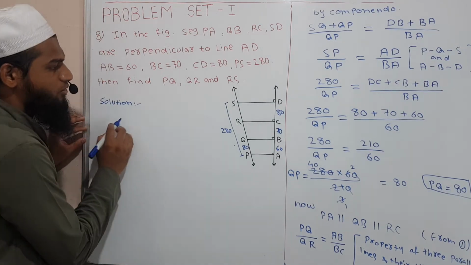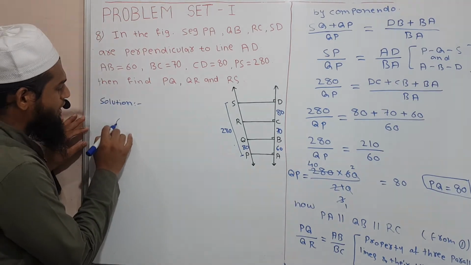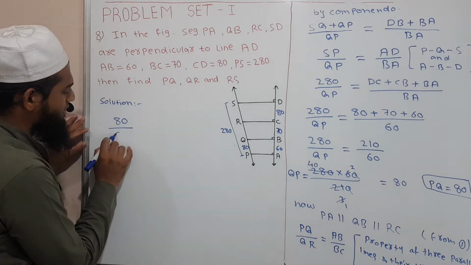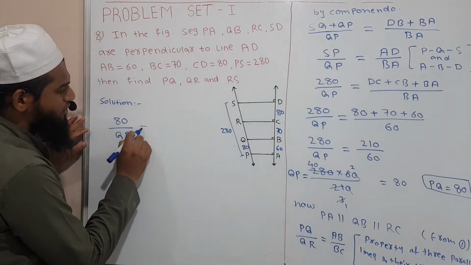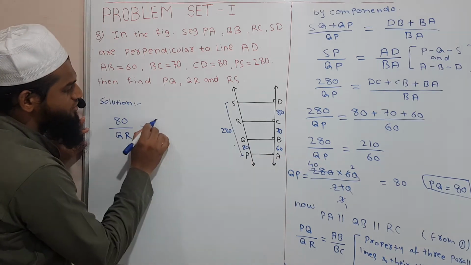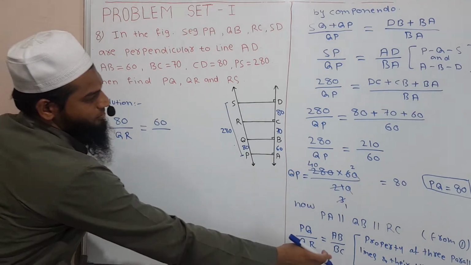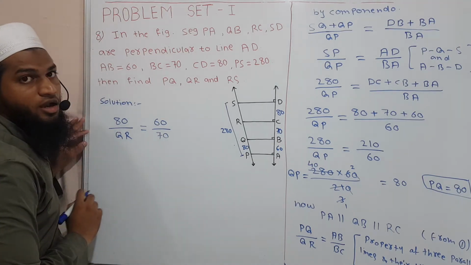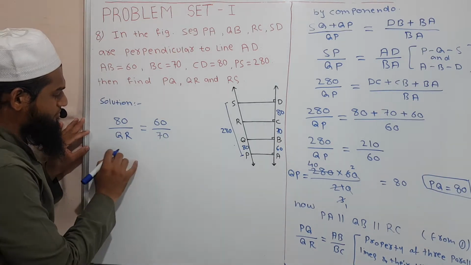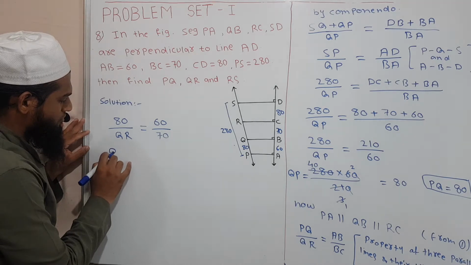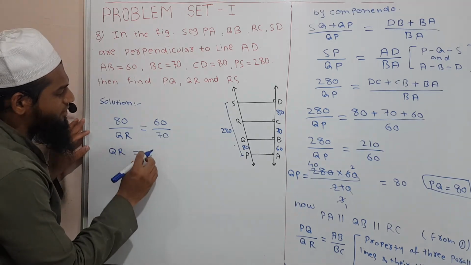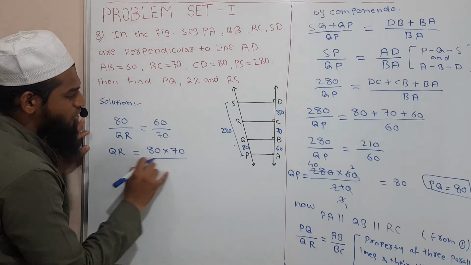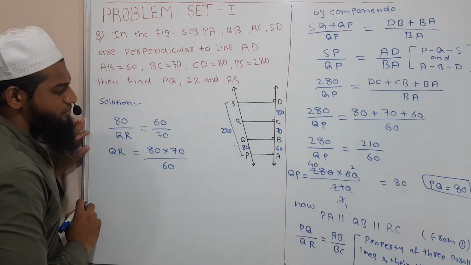Now 80 upon QR as it is, is equal to AB 60 upon BC, the value of BC being 70. Now do the cross multiplication. QR is equal to 80 into 70 upon 60.